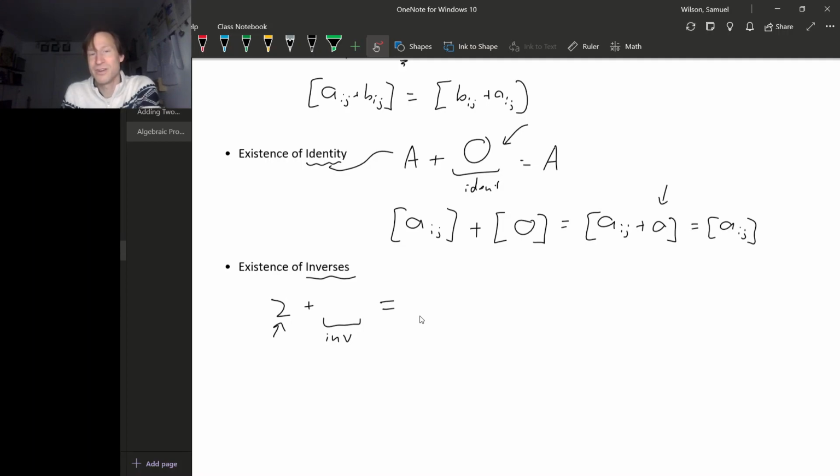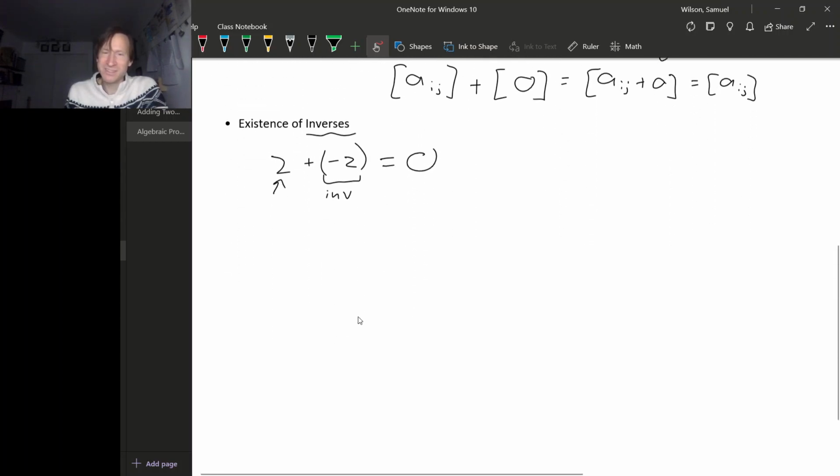And remember, for real addition, the identity for addition is 0. So an inverse is just something that when you do the operation gives you 0. For real addition, you can see that what we're talking about here is just a negative. So for real addition, there's always an additive inverse.